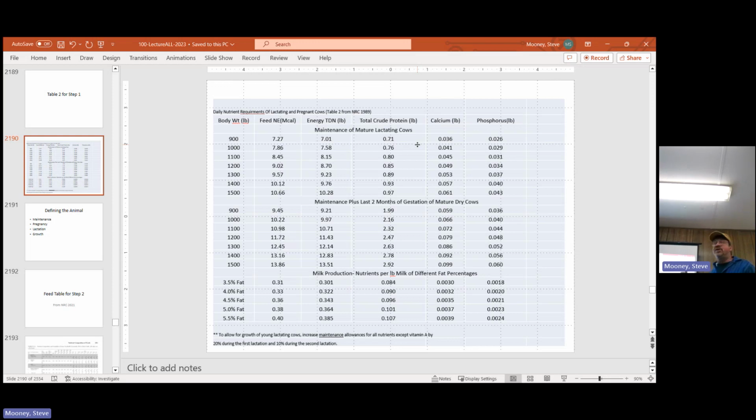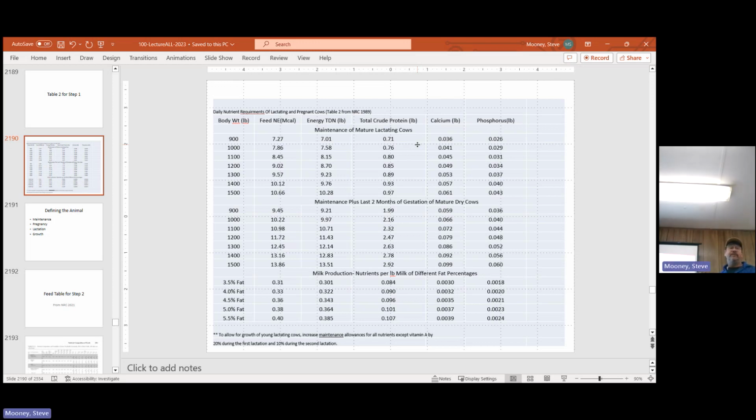Where do we find lactation? This section down here. So we add things up. There's growth. Is it the difference between the body weights? Nope.